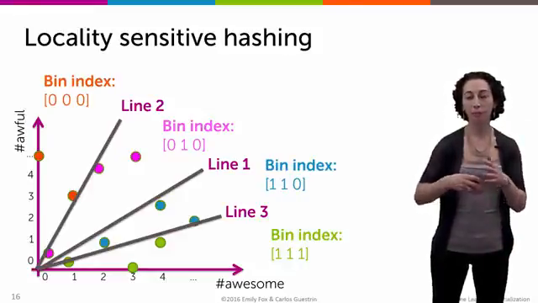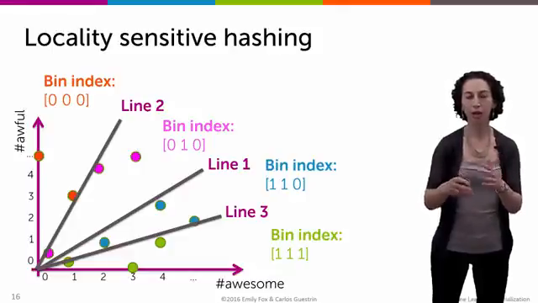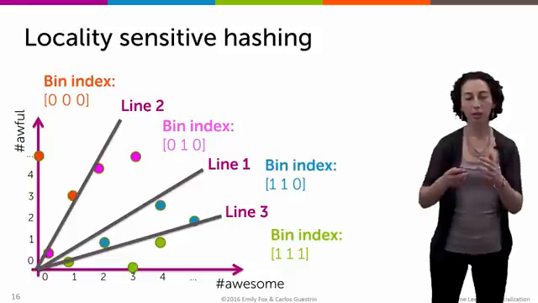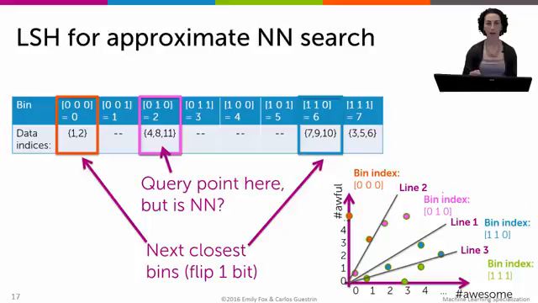But the point is that now these lines, these random lines, partition our feature space, and the collection of the lines define what we're going to think of as bin indices for each of these data points. In particular, we talked about how these bin indices can be used within a hash table to store our data points.